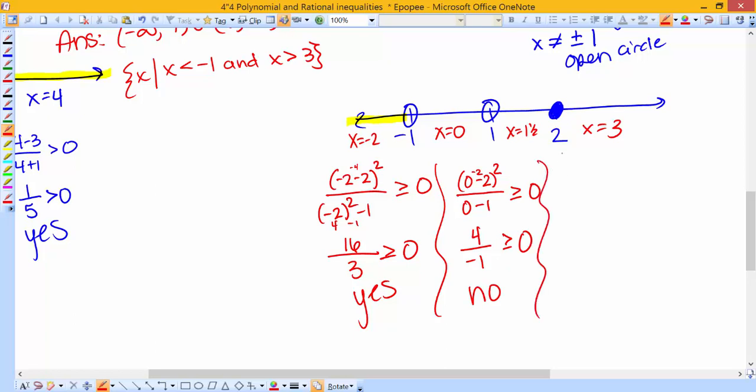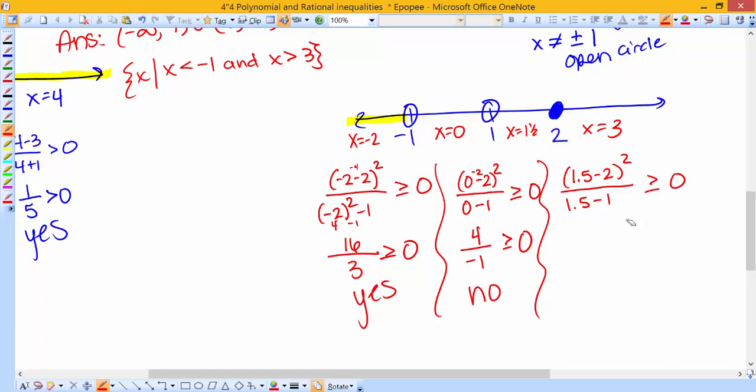Now for this next one, with it being the 1.5, I am going to go ahead and just use a decimal. 1.5 minus 2 squared over 1.5 minus 1, and it has to be greater than or equal to 0. I know that this is true just looking at this. Even though this gives me a negative, when I square it, it becomes positive, and 1.5 minus 1 is a positive, and a positive over a positive is greater than 0.